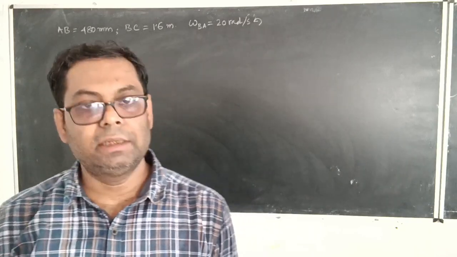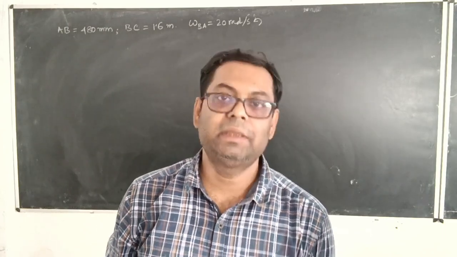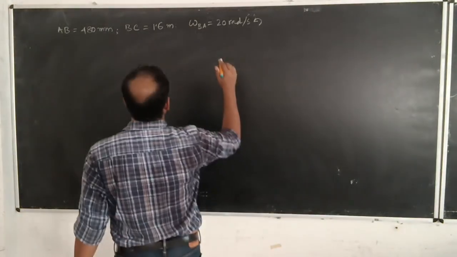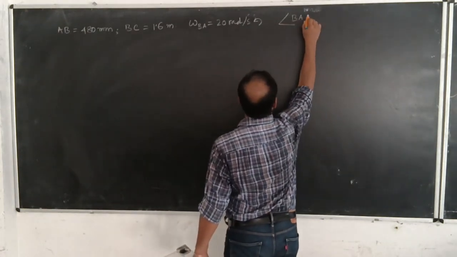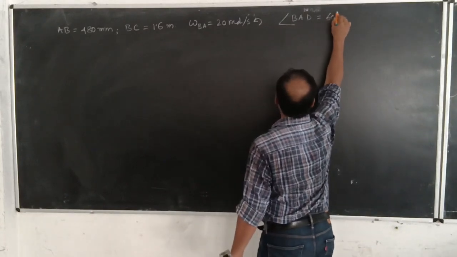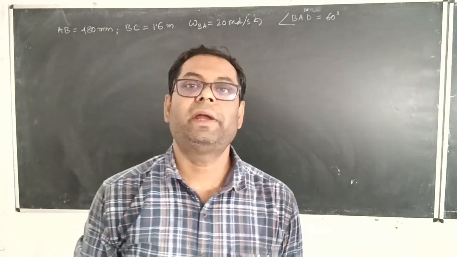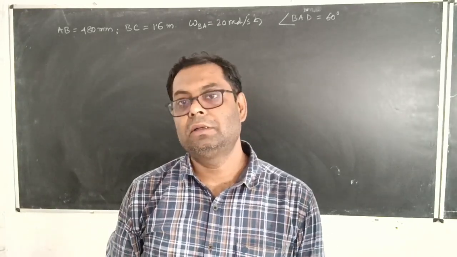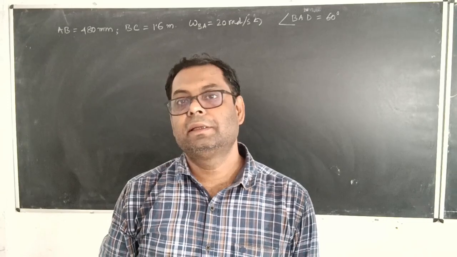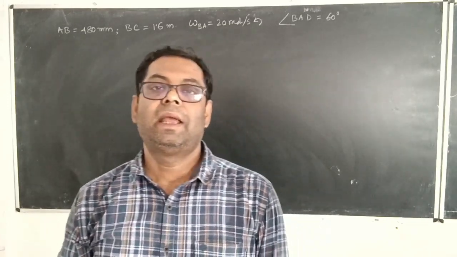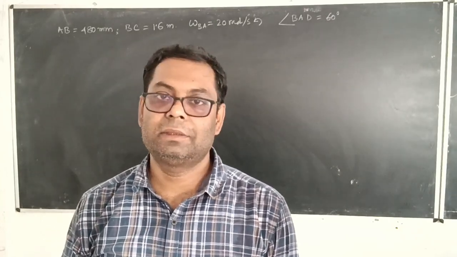So under this situation, when the crank is making an angle of 60 degree with the horizontal, we have to find out that for the connecting rod, what are the velocities at the slider block end and at the crank end, and we also have to find out what is the velocity of the slider block.